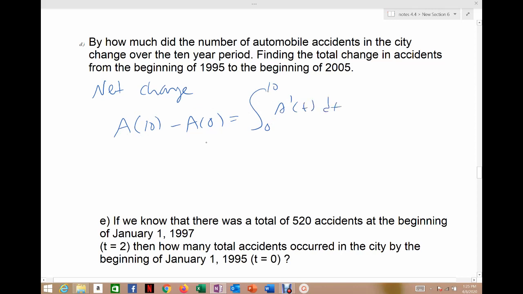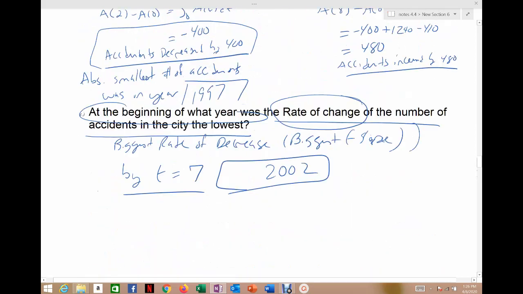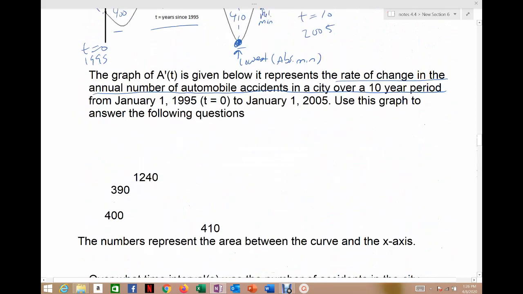All right, and so that's looking for that integral. All right, so we want to find that. And so it's just adding and subtracting all of my areas. So first the number of accidents went down, so negative 400. Then they went up, 1240. Then they went down. Then they went up. All right, so that's the positive areas above the curve, negative areas below. If you go look at it, and I'll show you the graph just in case you need to look at it.